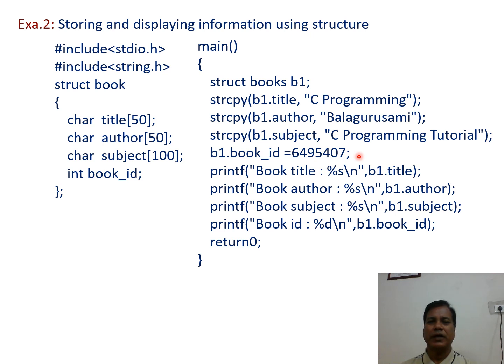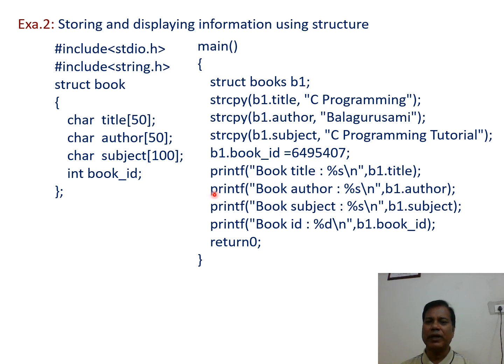Then after assigning, initializing the four members of the structure variable b1, using printf statements we can print these values. That is, book title colon equal to percentage s for printing the string, b1 dot title. b1 dot title is the first member variable of struct book, so that gets printed.